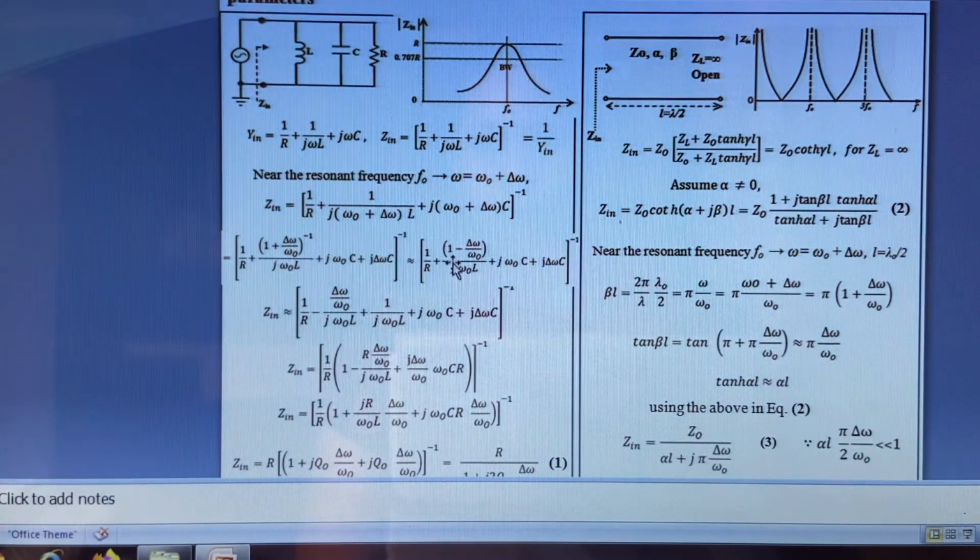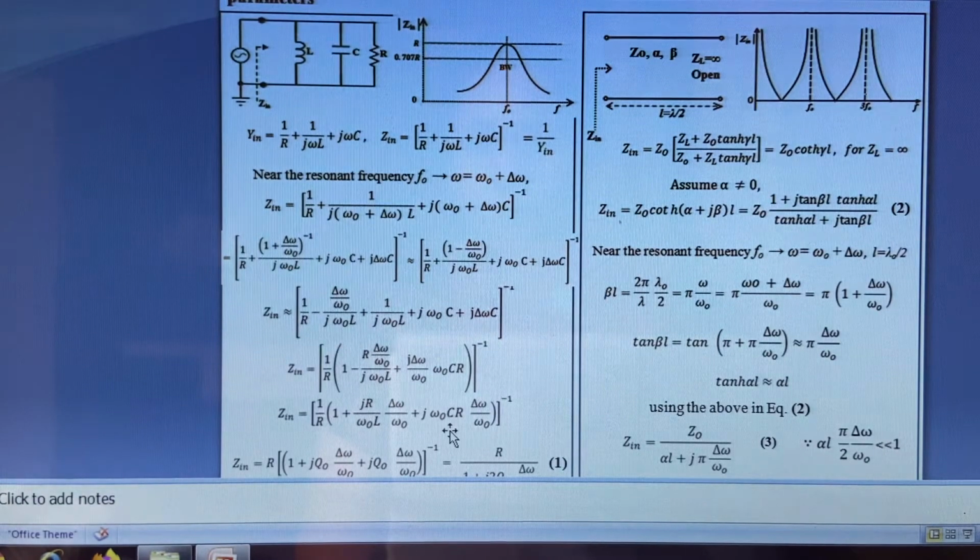Now here, dividing this by j omega naught L, we get this equation. This is 1 by j omega naught L, and this is minus delta omega by omega naught times j omega naught L. Here this and this will be retained as they are. Now take 1 by R outside all these terms and we are left with this equation.